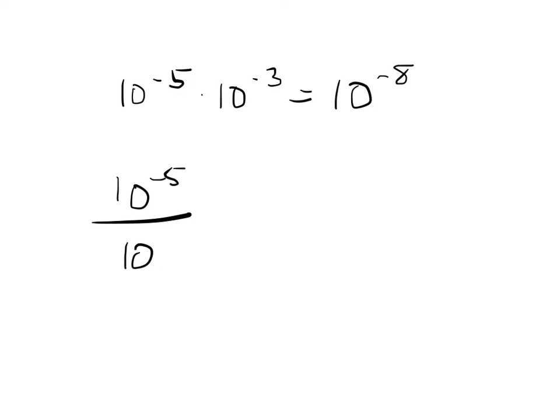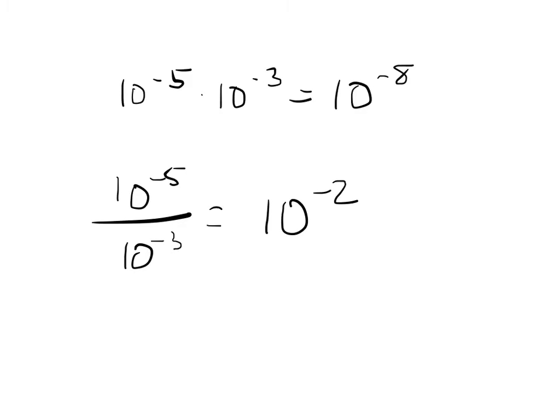Okay, now if I were to multiply 10 to the negative 5th times 10 to the negative 3rd, again we would add those two numbers, and negative 5 plus negative 3 would equal negative 8. If we were to divide those numbers, we have negative 5 minus a negative 3, which would be actually negative 5 plus 3, so we'd be left with 10 to the negative 2.